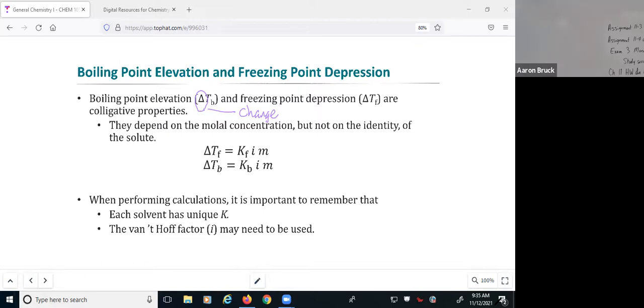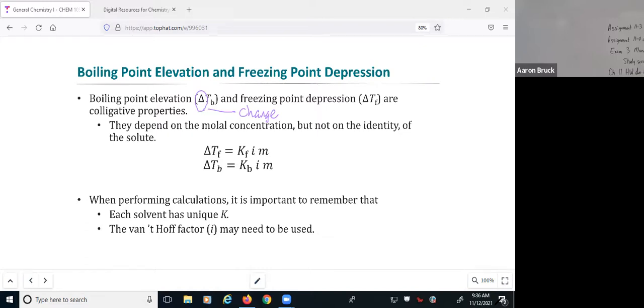Kf would be its freezing point constant. Kb would be its boiling point elevation constant. And those values are reference values. You can find them in reference tables. Once again, van 't Hoff factor, that's going to come in particular when we are looking at ionic substances.